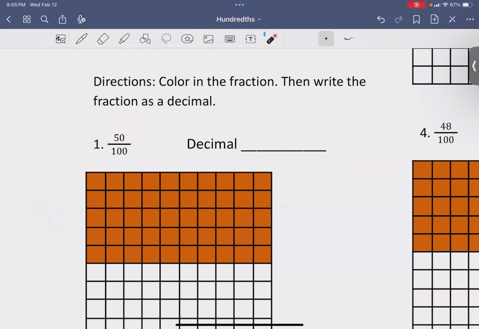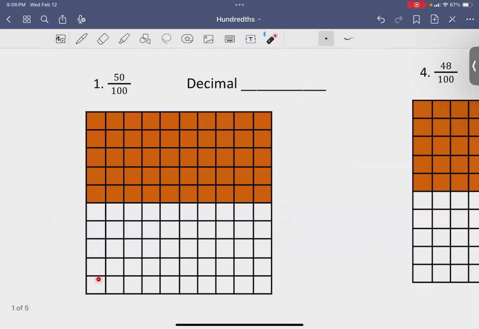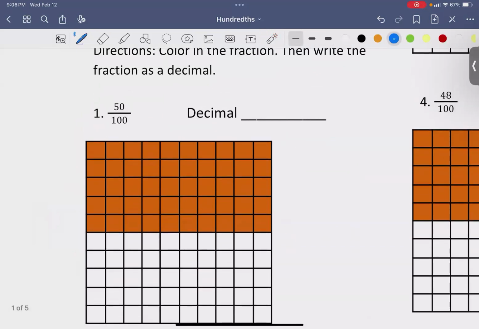So we have 10, 20, 30, 40, 50 out of the 100 total mini squares. So as a decimal, 50 hundredths. This is tenths. This is hundredths. So 50 hundredths.